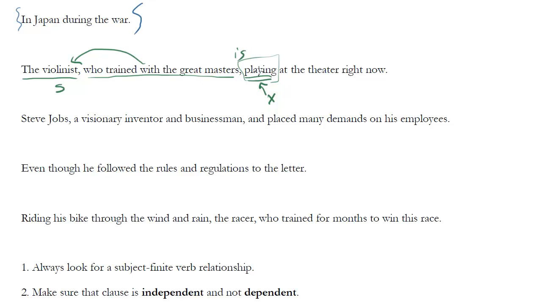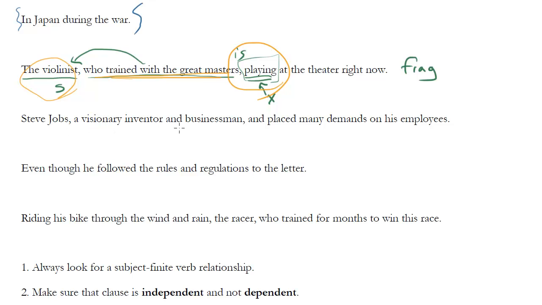Or if you change this to "plays" or "will be playing," that would be fine. But this is not a main verb, so even though it looks long, it's still a fragment. And this is one of the things you'll see on the SAT, especially when they put these clauses or phrases in the middle to throw you off of the relationship between your subject and your verb. But as you know from subject-verb agreement, you always got to make sure your subject and your verb agree, or even, like in this case, that you have a verb in the first place.